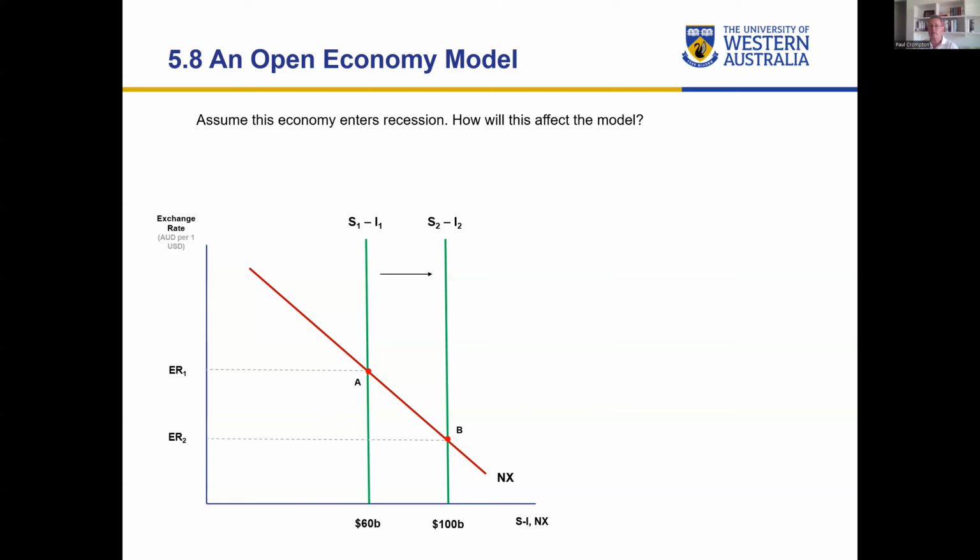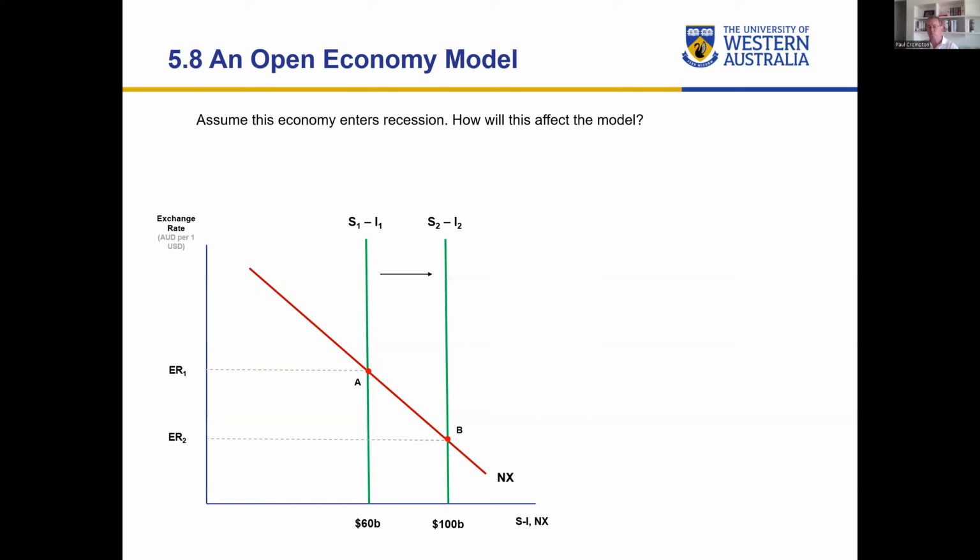It could also lead to an increase in I. So if the drop in the exchange rate means that some Australian companies import fewer investment goods, they may find locally supplied domestic alternative investment goods and spend their money on that as well. So you may get a little bit of an increase in investment spending as a result of a drop in imports. Okay, so that's the way it works.